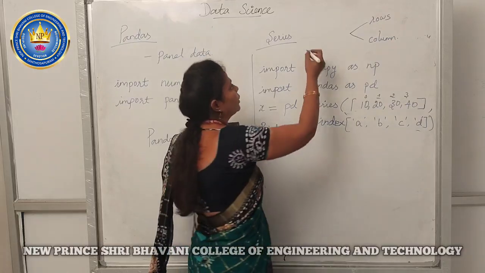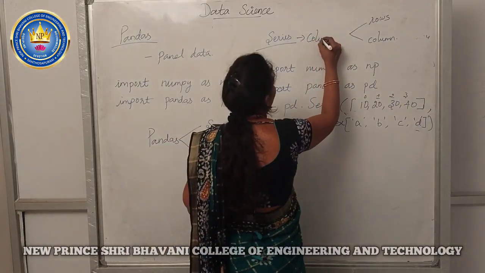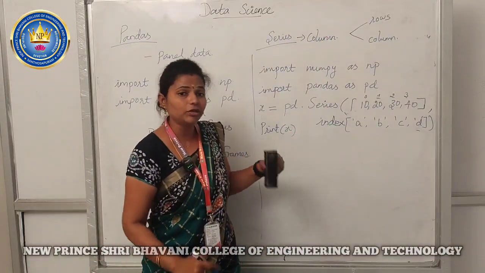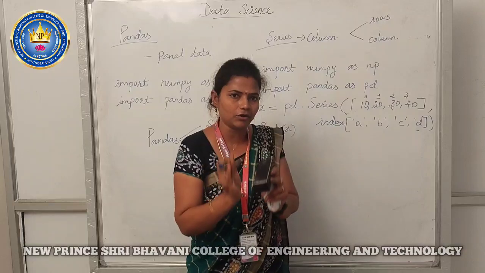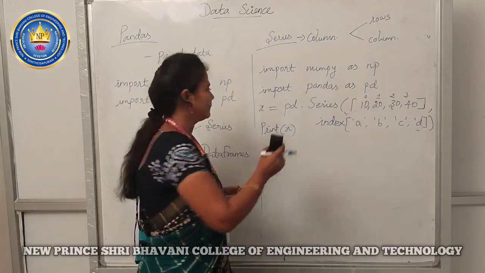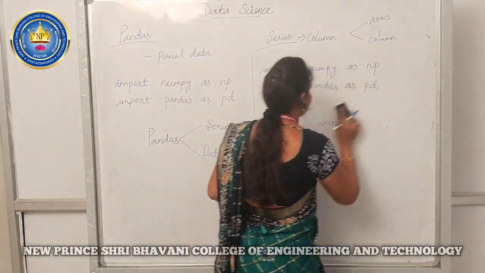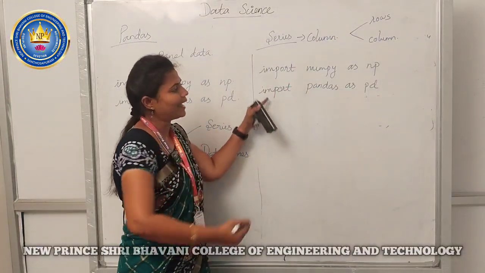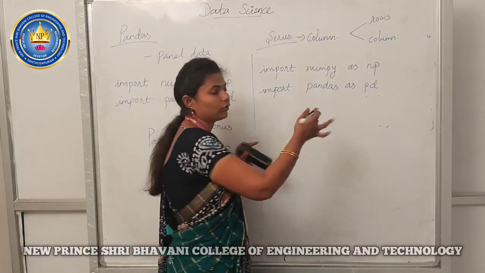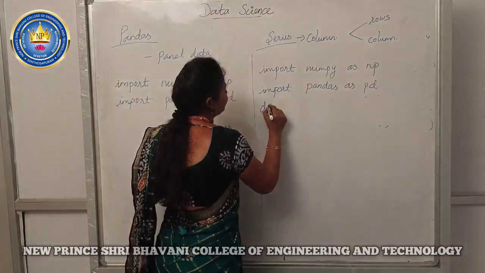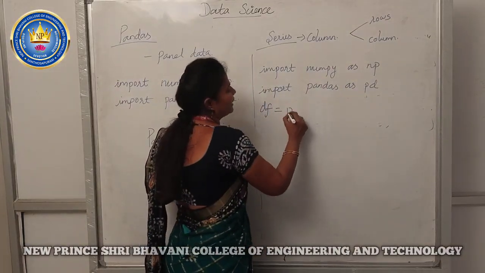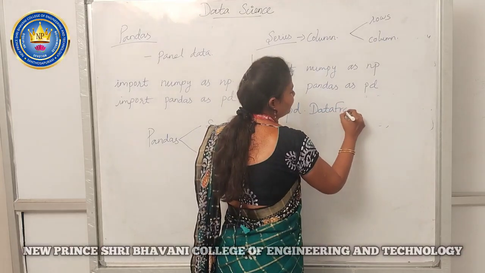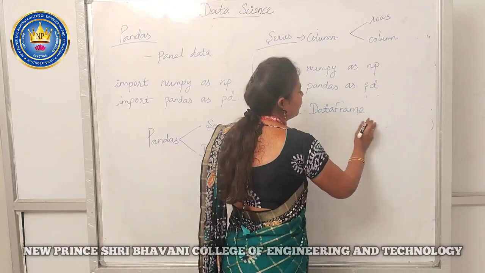What is that series? We are going to create a column in series. If I am going to create rows and columns for the particular data, I use a data frame. Most probably NumPy and pandas are imported with common aliases. df is equal to pd.DataFrame of the values.